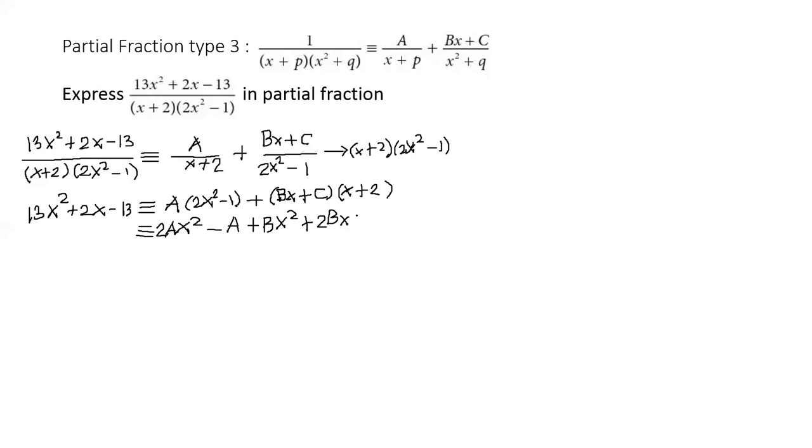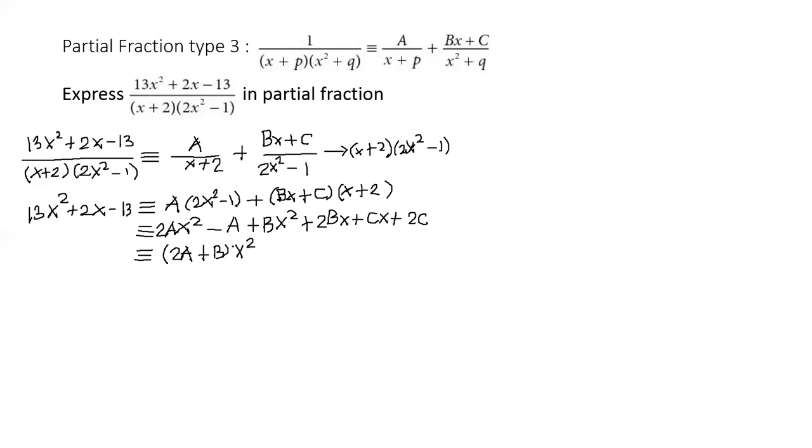And c times x equals cx, and c times 2 is 2c. Continuing our expansion, factorizing, we get (2a plus b) x squared.